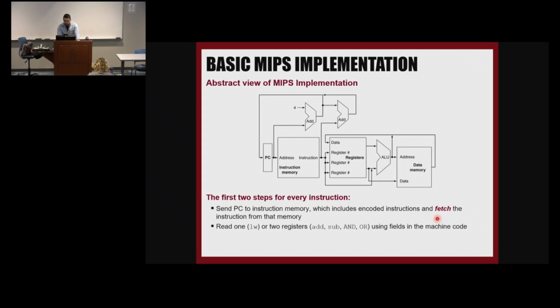This is called fetching. So we fetch the instruction, and we read one or two registers at the same time. So if it's a load word instruction, for example, in this subset of the instruction set architecture, we read one register. If we have ALU operations, we read two registers. Okay, that's the very first step in every instruction.